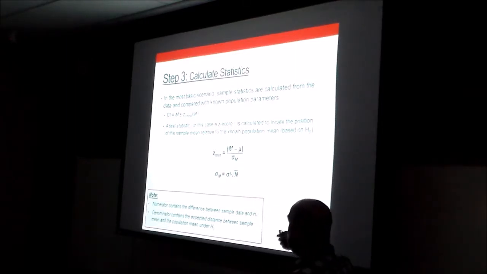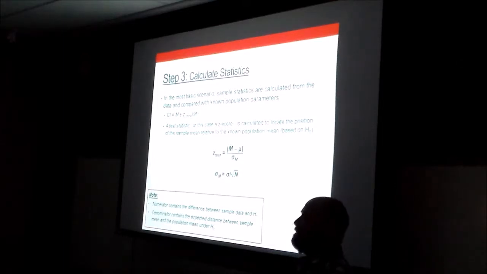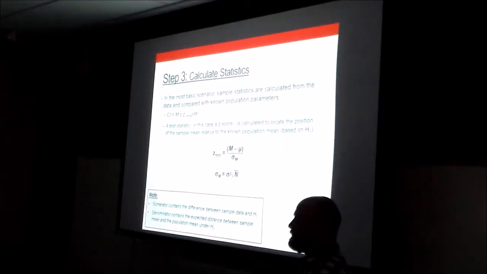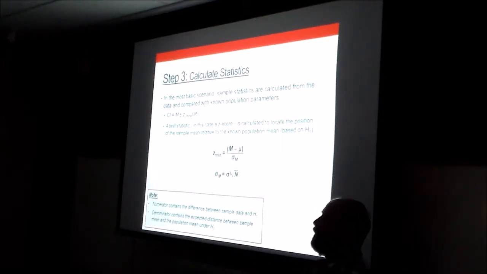Other way around, right? So up here, this is just what we've observed. The numerator is what we've observed. The denominator tells us if this is something that we would expect, assuming that the null hypothesis is true. Assuming this, we would expect across an infinite number of replications, on average, our samples to differ from the mean by about 3 points.